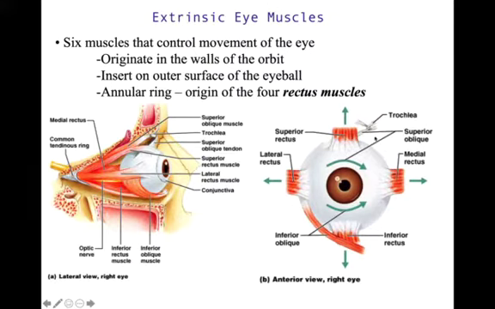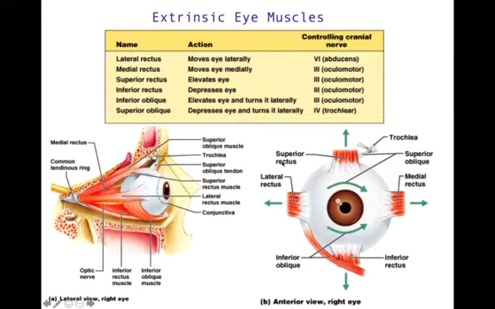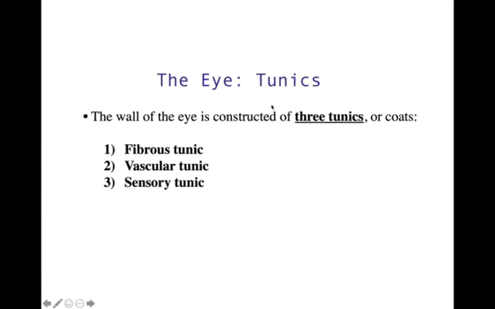Okay, another function of these extrinsic eye muscles is that they anchor the eye in place within the orbital cavity. And here are some specific functions. Again, we'll talk about this more in lecture.